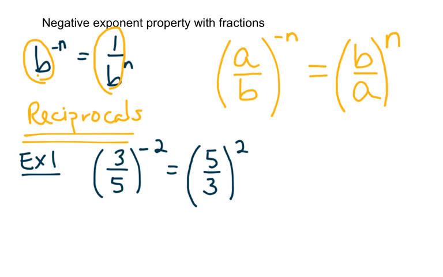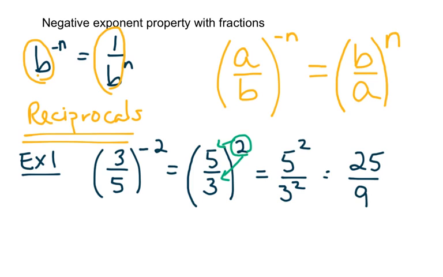Now from here, we need to apply the power of a quotient property, which basically says we take this exponent and apply it to both the numerator and the denominator. So it will be 5 squared over 3 squared, and then to simplify that, we get 25 over 9.